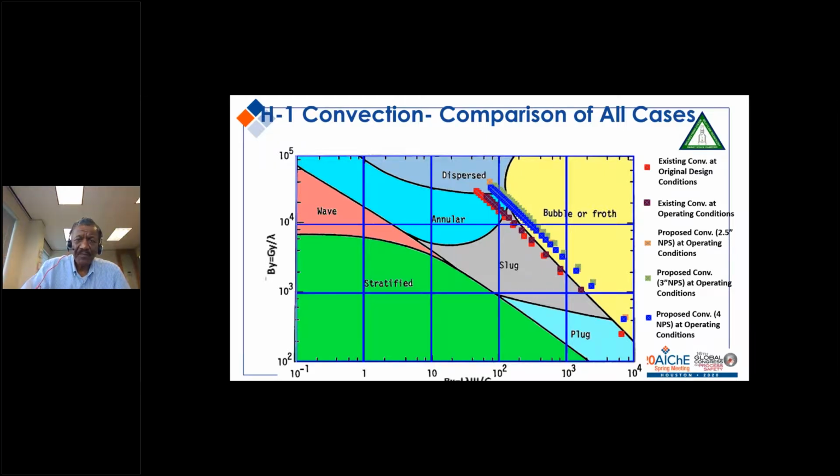And then we did 3 iterations. We looked at using 2.5-inch NPS pipe, 3-inch NPS, and 4-inch NPS. And in each case, we were able to shift the flow slightly towards the right and convert it into bubble or froth flow. So that's basically what we tried to achieve.